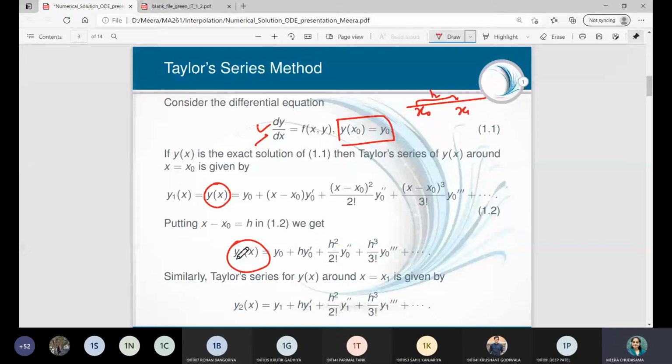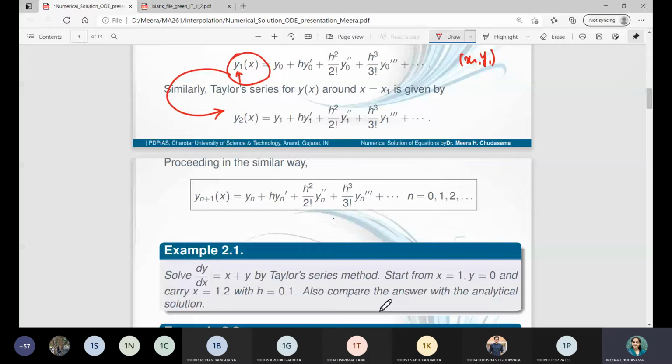Then by this approximation y1 we have considered the new approximation, denoted y2, and the Taylor series expansion at x1 and y1 will give you the second approximation and so on. The n plus 1th approximation will be represented by this one, where you must be clear about these notations.